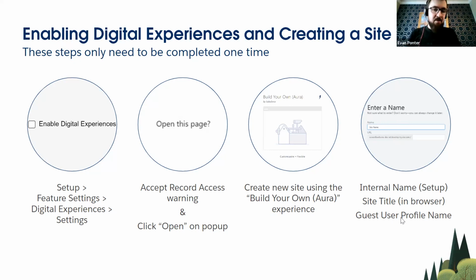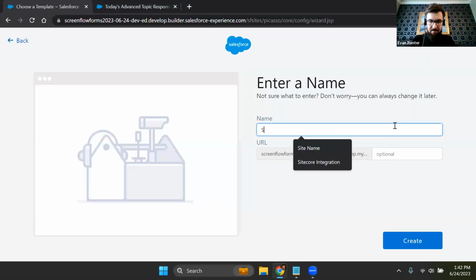So every time you enable one of these digital experiences, you get a free guest user profile. Essentially, it allows people to access your site without having to log in at all. We can further customize the name, that value in those three places, but just know that when you're first setting it up, that's where that name is coming from, when you name your site initially.